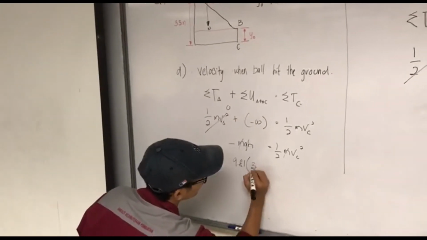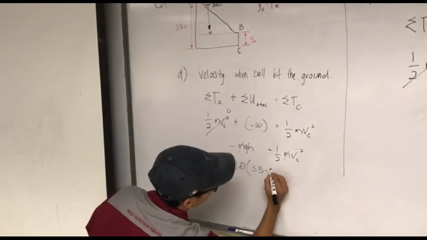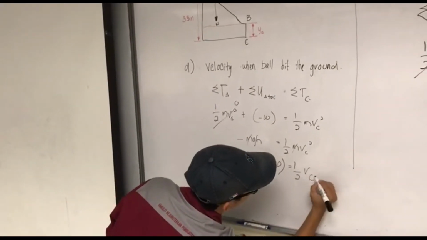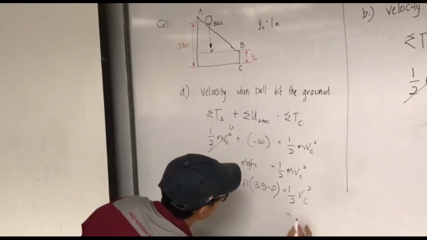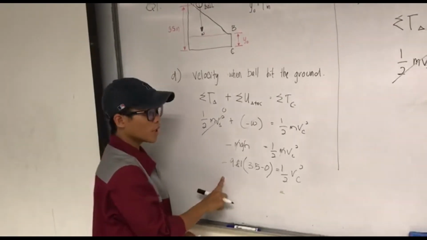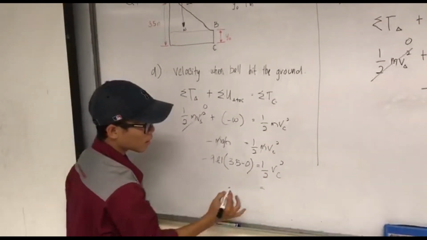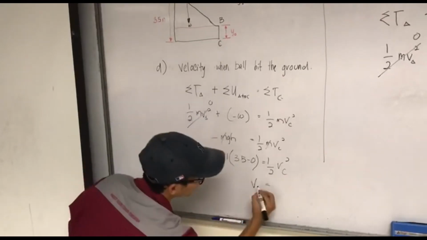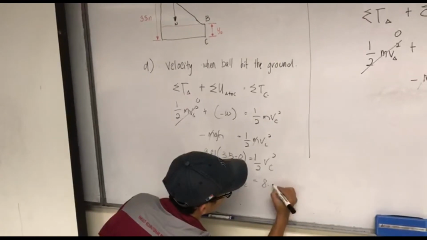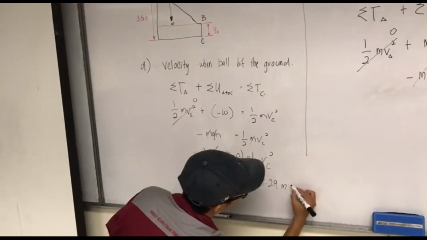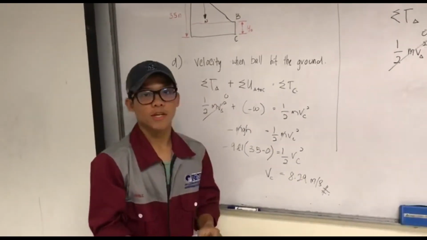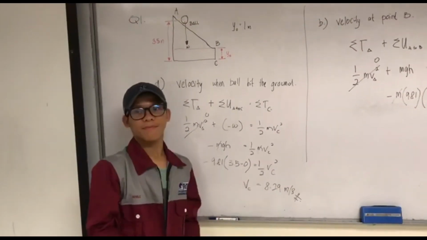So 3.5 minus 0. So we calculate, we get the answer of V_C. The answer is 8.29 meters per second. Okay, thank you.